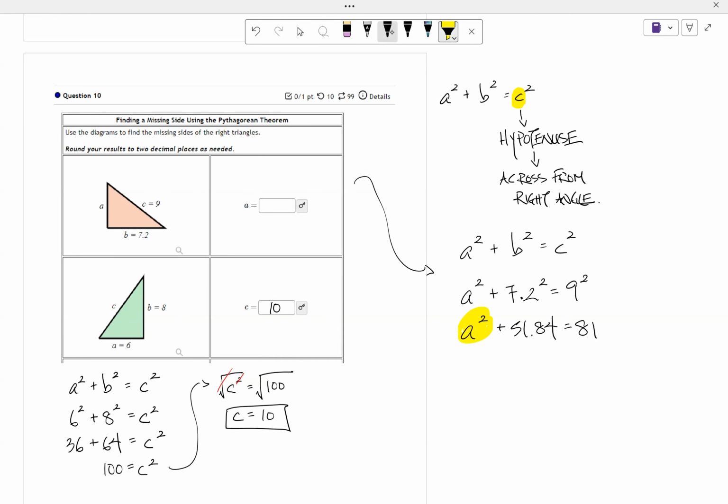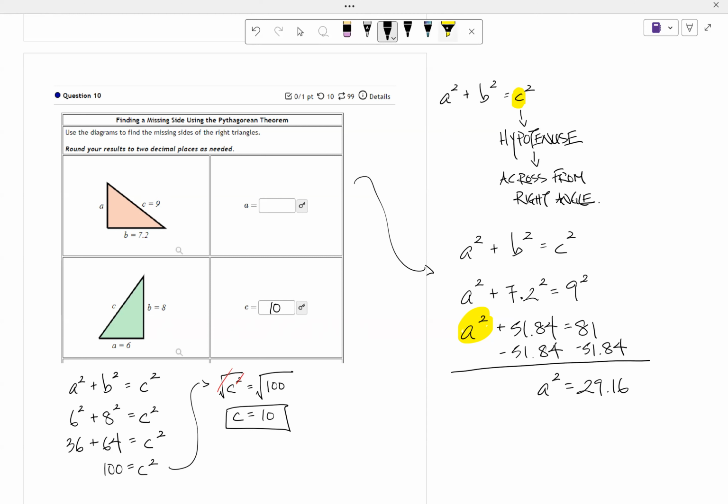And that means that I actually have to subtract this 51.84 from both sides first. All right. And so when I do that, I get a squared equals, let me use my calculator, 81 minus 51.84 gives me 29.16. Okay.